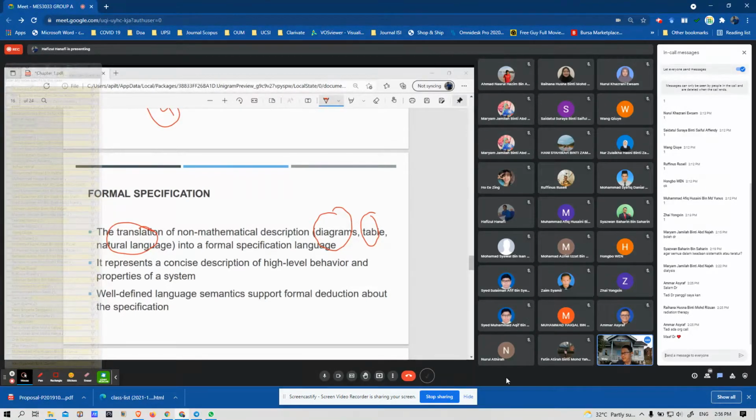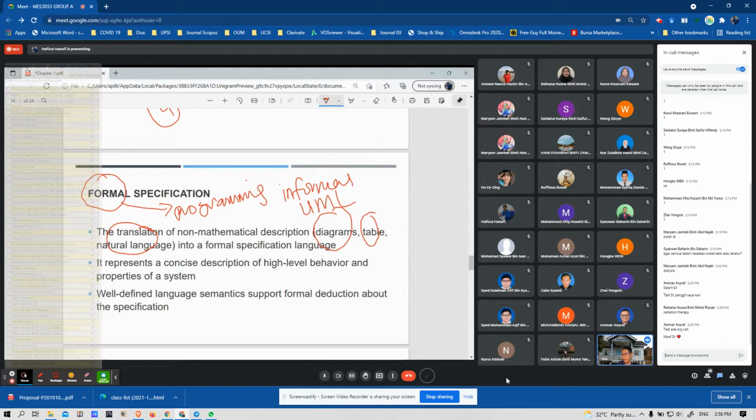Formal specification is basically for programming languages such as C, C++. For informal specification, we can take a look at something such as UML models. We have two types here, formal and informal. For formal, we are looking for specification for programming, and for informal, we are looking for UML.